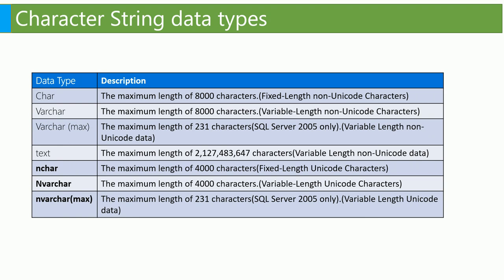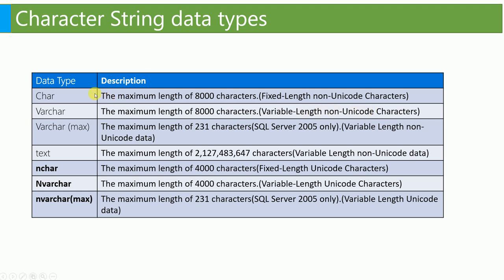Now, the character string data types: char, varchar, varchar max, text, and the Unicode ones, nchar, nvarchar, and nvarchar max. And this is the description: char has a maximum length of 8,000 characters, and it's fixed length non-Unicode characters. Varchar has a maximum length of 8,000 characters, but it's variable length non-Unicode characters.